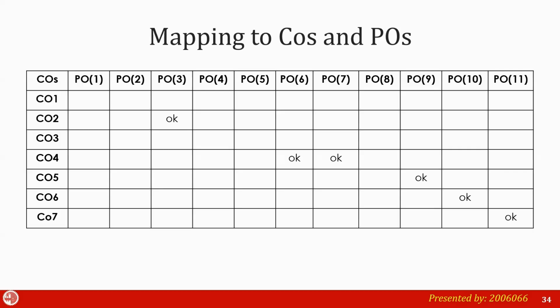CO4 maps to PO6 and PO7, highlighting our attention to safety, societal impact, and sustainability. This mapping ensures that each course objective is aligned with essential program outcomes that reflect professional and technical growth.